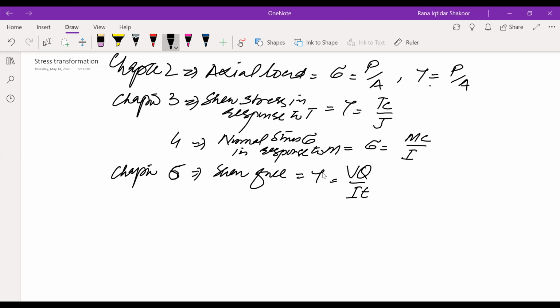So now these are 4 different types of loading generating stresses.